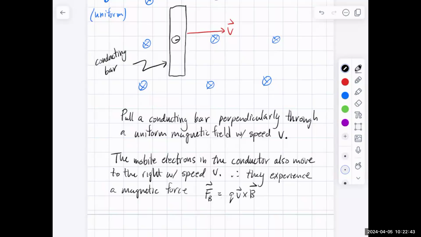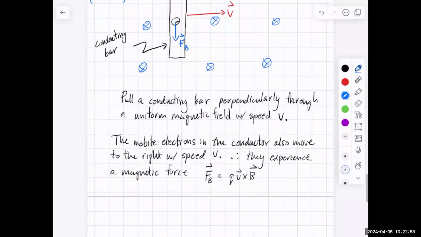Okay, so we'll draw that force on our electron, and we'll say, okay, so there's going to be a magnetic force down. So we'll call this F_B.